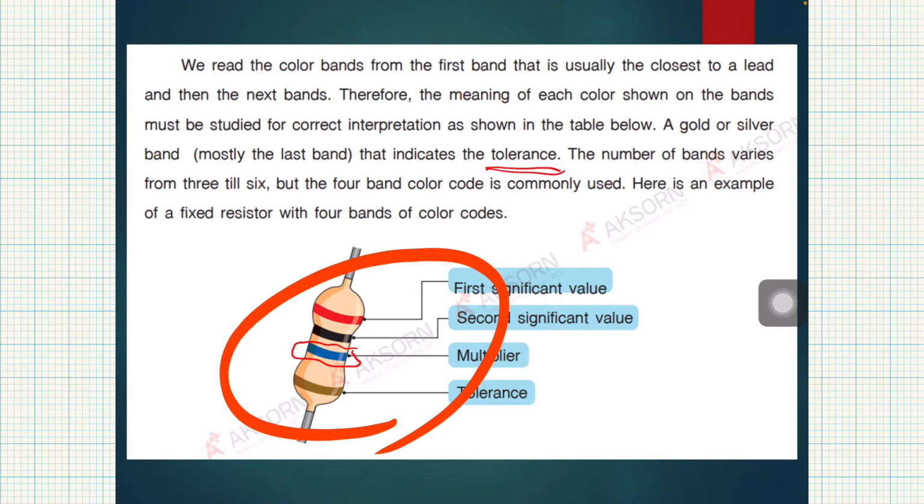Now, when we say tolerance, the tolerance of a resistor is the maximum difference between its actual value and the required value. And it's generally expressed as a plus or minus percentage value. So, I will be showing you later on in the next slide. What do these colors represent?